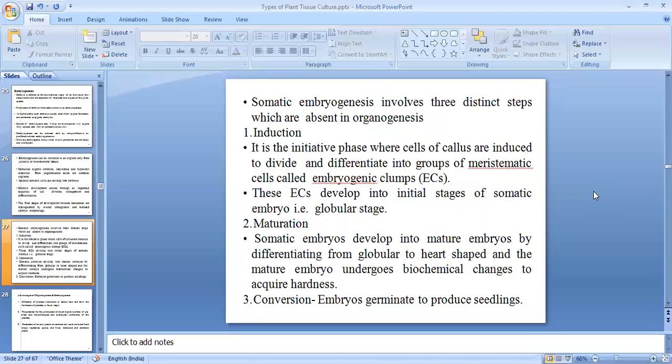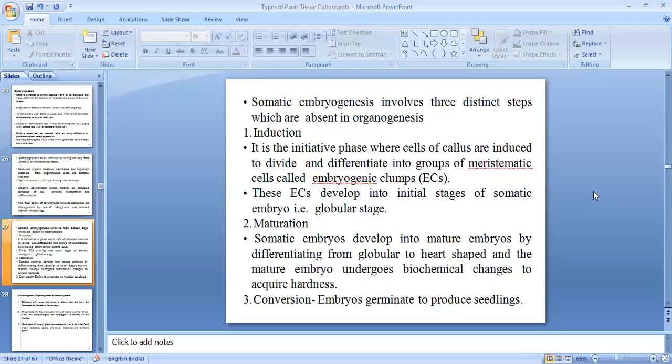So it is an initiative phase where the callus cells are induced to divide and differentiate into groups of meristematic cells called embryogenic clumps. Okay, that is in induction. The embryogenic clumps are developed from the callus. So how is it developed from the callus?